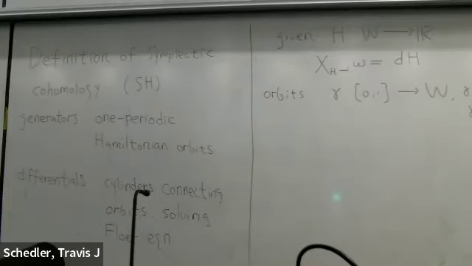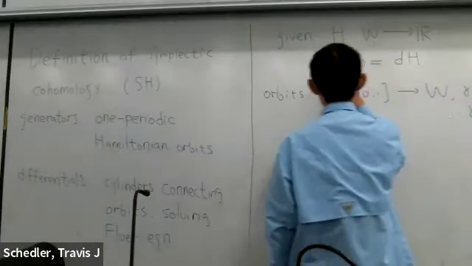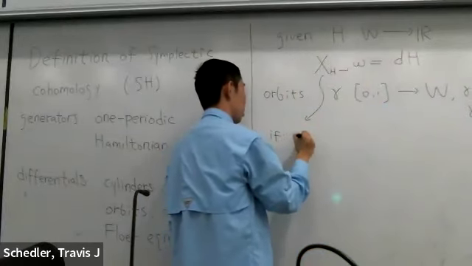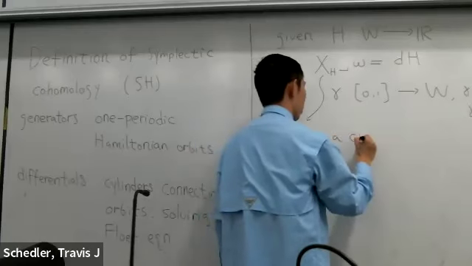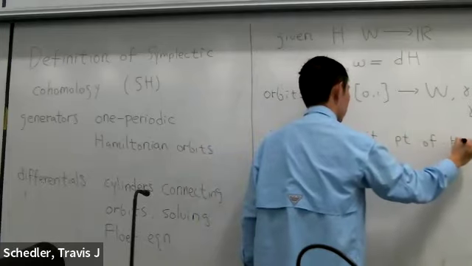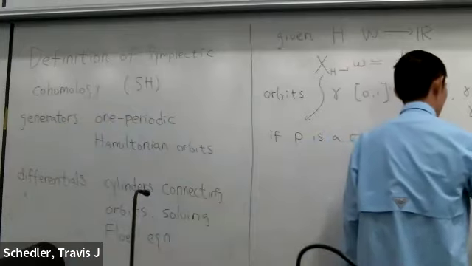In particular, in the picture we drew there, recall that if the function has a critical point, then the vector field just becomes 0. So from this equation, if P is a critical point of H, then X_H is just automatically 0.